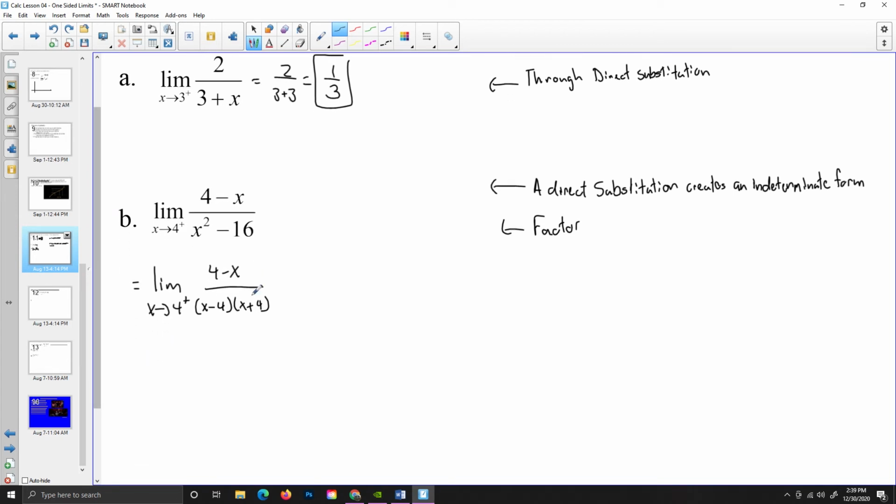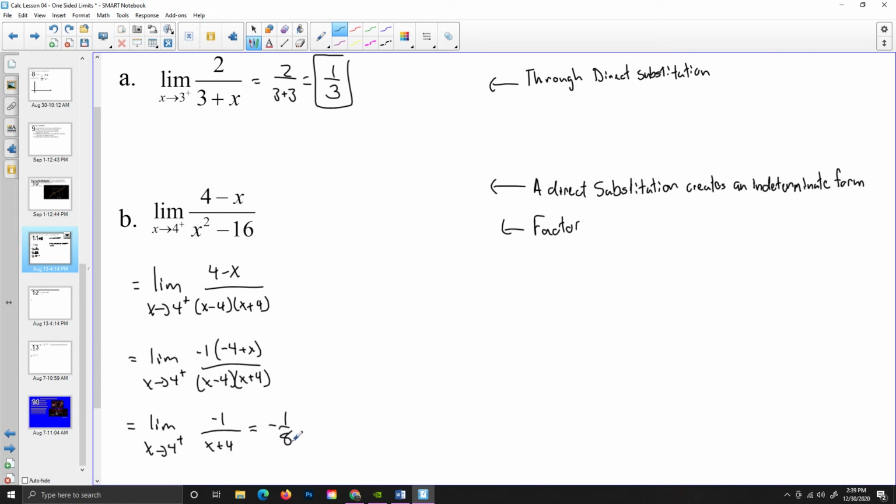If I factor out a negative 1, I can write the limit as x goes to 4 from the right-hand side of negative 1 times negative 4 plus x, all over x minus 4, x plus 4. And you'll notice that these two things will cancel out. And so the limit as x goes to 4 from the right-hand side will be negative 1 over x plus 4. And I can plug that in. That'll give me negative 1/8.